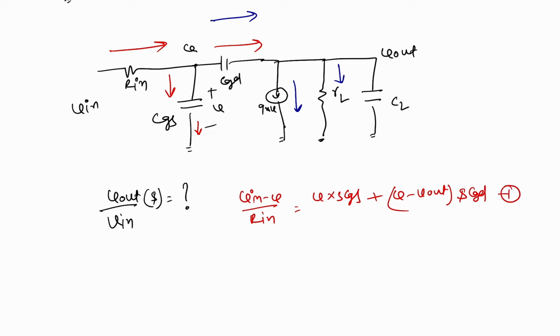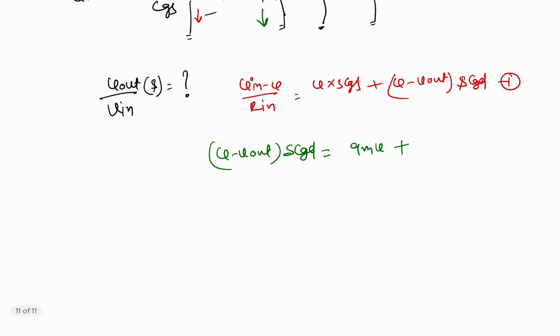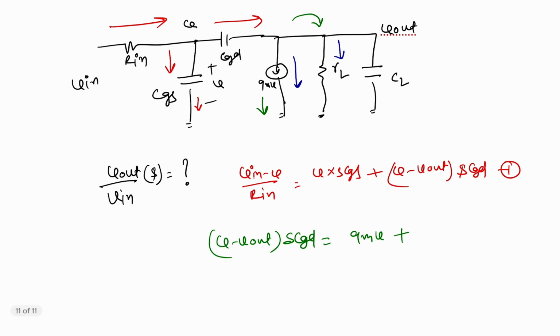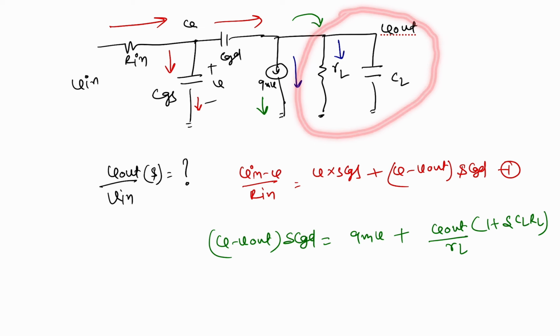The second equation: V minus V out into S CGD equals GMV, this current, plus the current flowing through this, which is V out by RL divided by 1 plus S CL RL. This is the current flowing through both RL and CL.